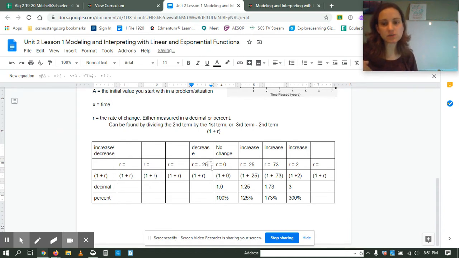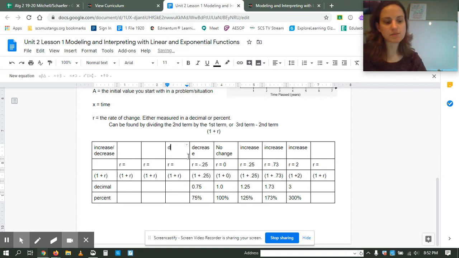So something decreases by 25%. So we would plug in a negative 0.25 here. We would do the 1 plus negative 0.25. So that decimal that we would be working with is 0.75. So if something decreases by 25% or 0.25, we're looking at 75% of what we originally started with.